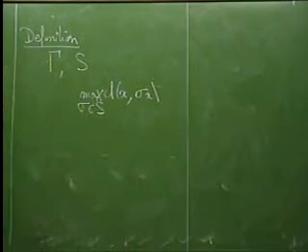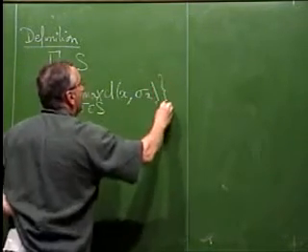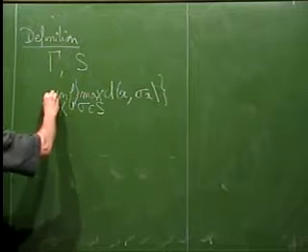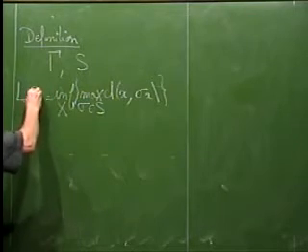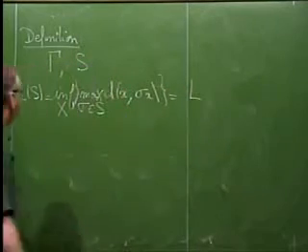So the point is fixed. And let's look at the infimum over all X. X is the name of the manifold, yes. And this I'll call L of S. And maybe to make it simpler, later I will use L only.